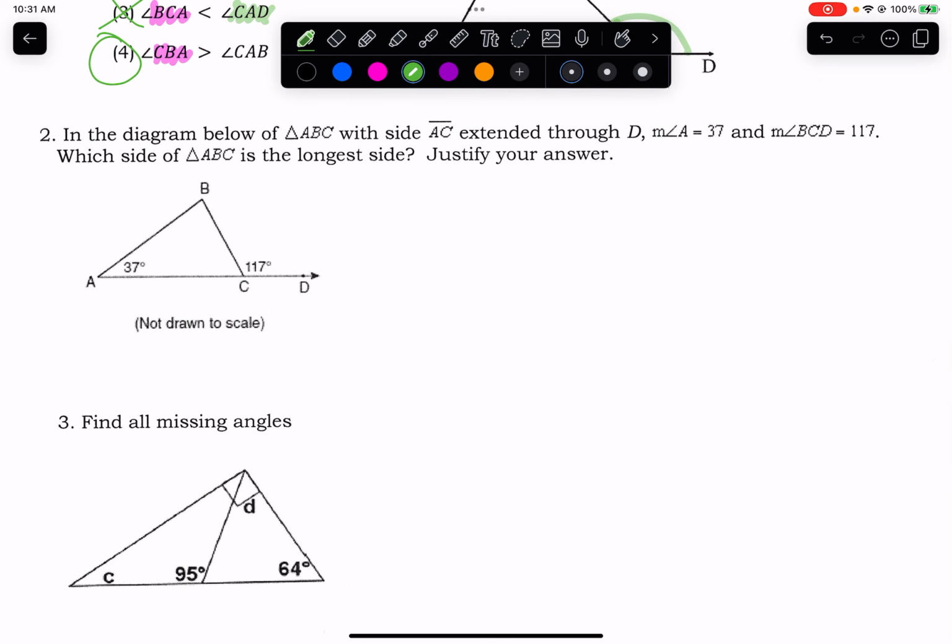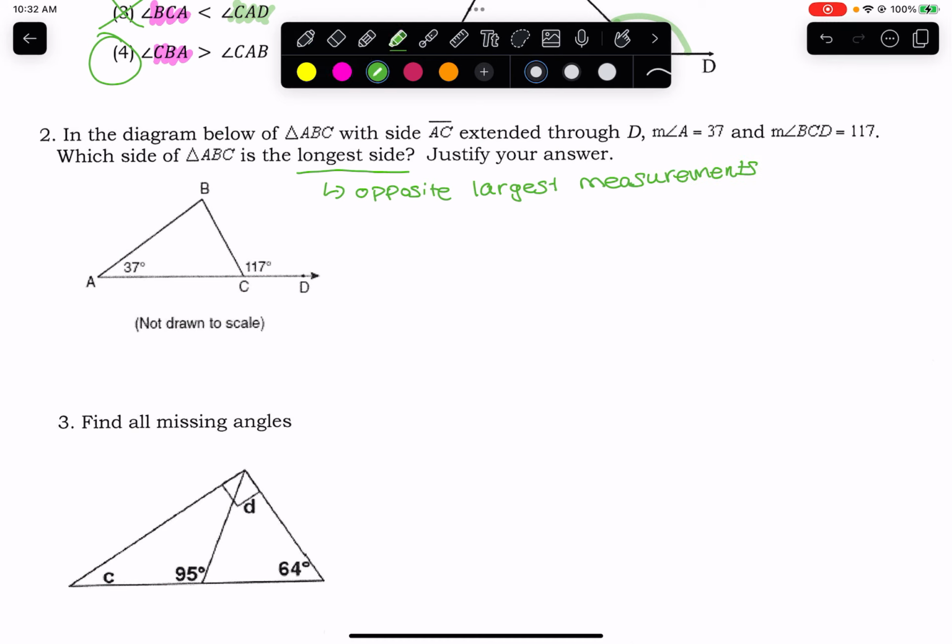In the diagram below, we have angle A is 37, BCD is 117. They want to know which side of triangle ABC is the longest side. You have to remember that this is going to be opposite the largest angle. So we need to know the angle measurements to answer this question.